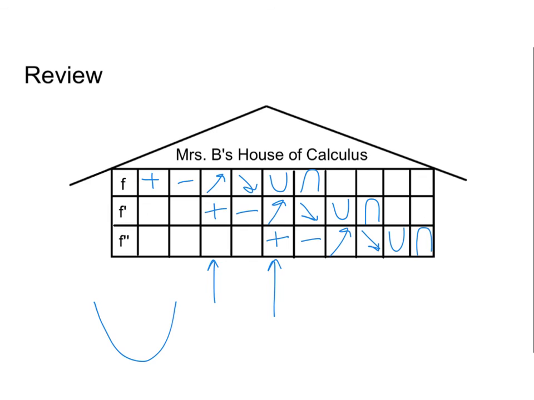But on this one, what we're saying is, if the function graph is concave up, the first derivative graph will be increasing, and the second derivative graph will be above, right? So because the second derivative is positive, the function is concave up. If the second derivative graph is below, then the function will be concave down.